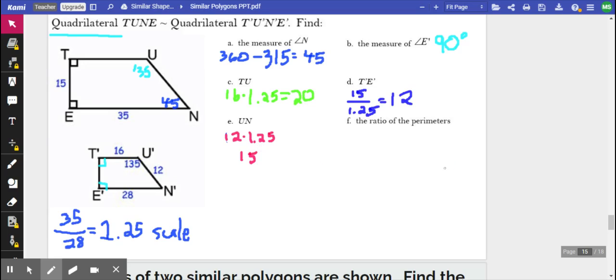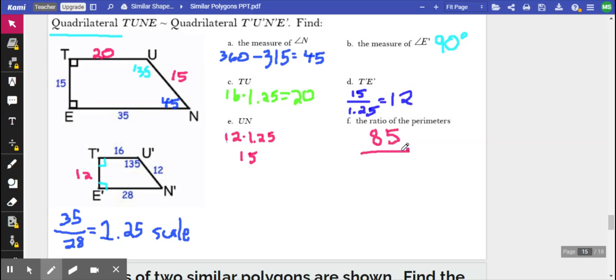And if we want to add up all the sides for the shape we have here, we had a 20 up here earlier. So UN we just found was 15. We're really just going to figure out the scale between the perimeter of the bigger and smaller ones. So if we add up all the sides of our big shape, we have an answer of 85 for our larger shape.